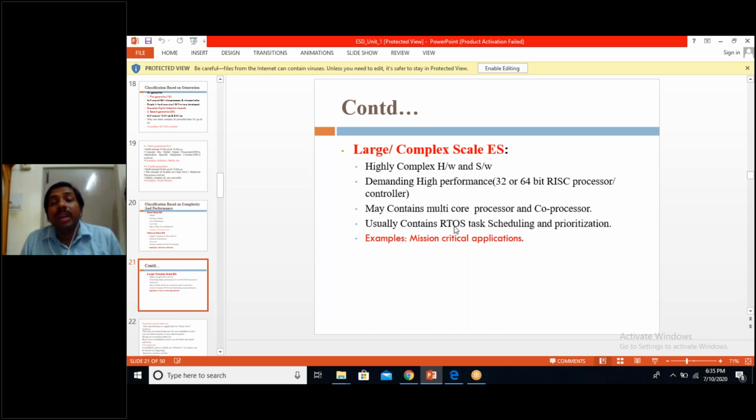Small scale, medium scale, large scale. Under large scale, our example is mission critical applications. Mission critical means, for example, missile launching, aircraft, and vehicles. Whenever an accident occurs, it has to control the speed. If you consider any vehicle, a car, it has so many embedded intelligence systems involved.